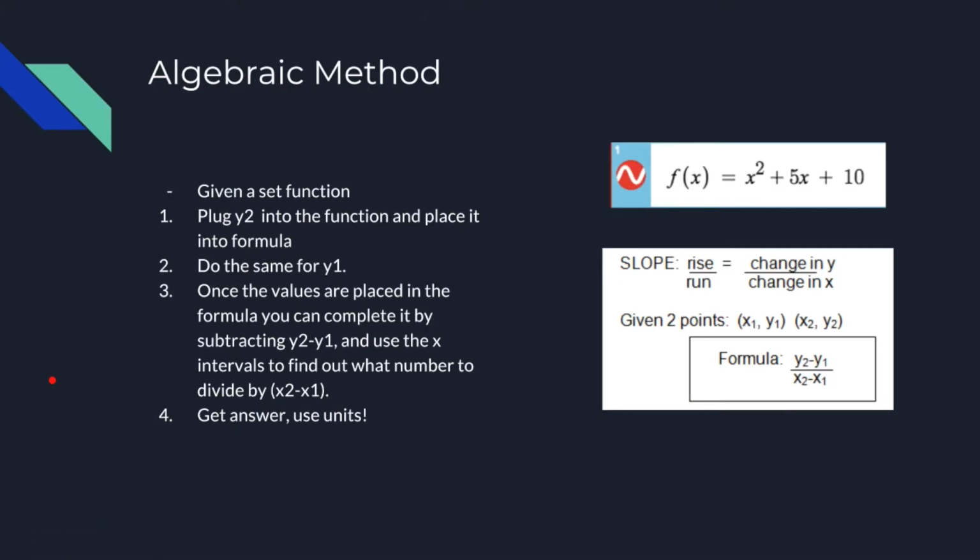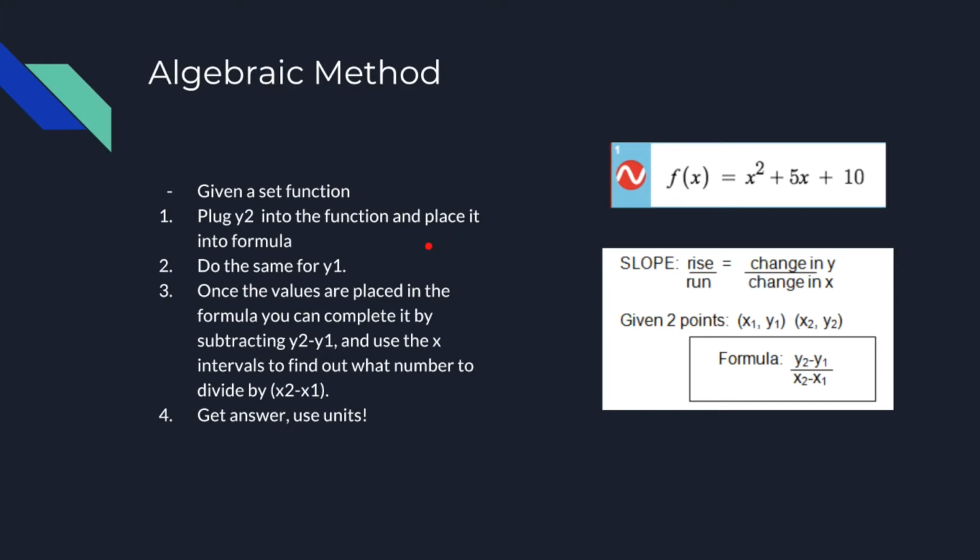I will now go over the steps that you will need to take if you are given a function like this one right here, f of x equals x squared plus 5x plus 10. So, first, you want to plug y2 into the function and place it into the formula.